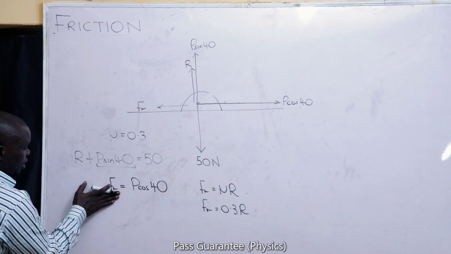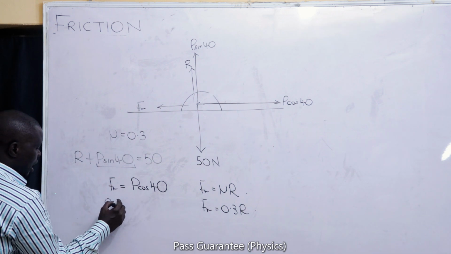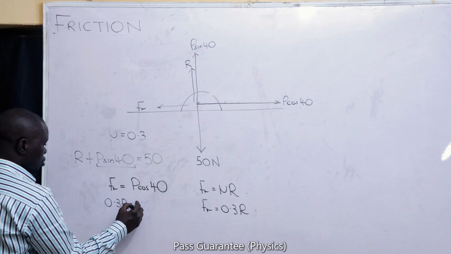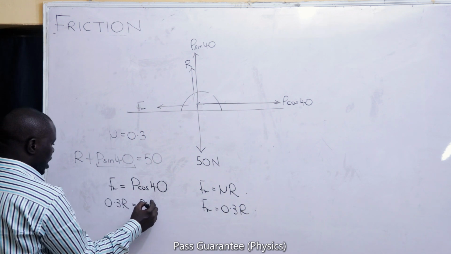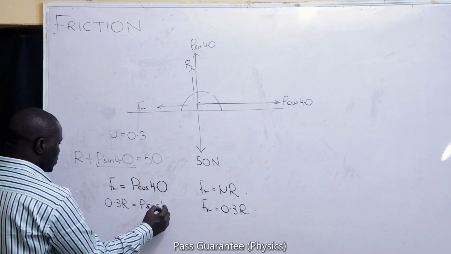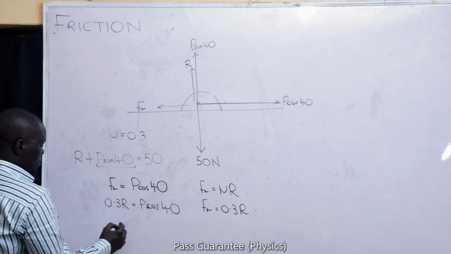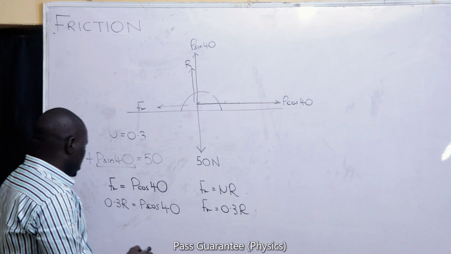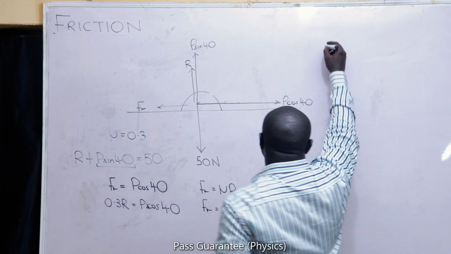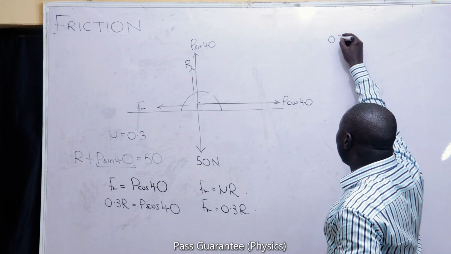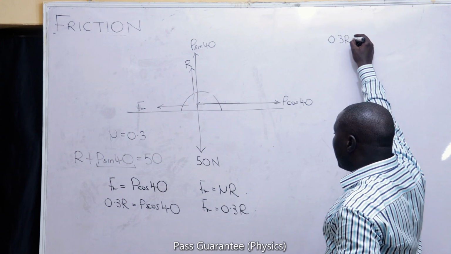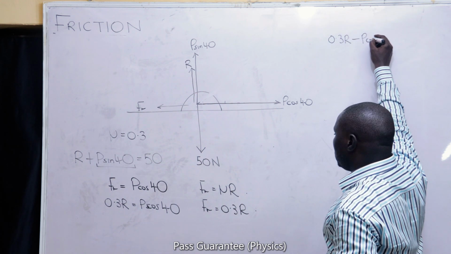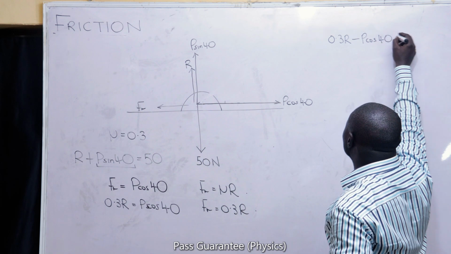If I substitute for friction, I will have 0.3 R is equal to P cos 40, sorry. If I put this in an equation form, it becomes 0.3 R minus P cos 40 is equal to 0.